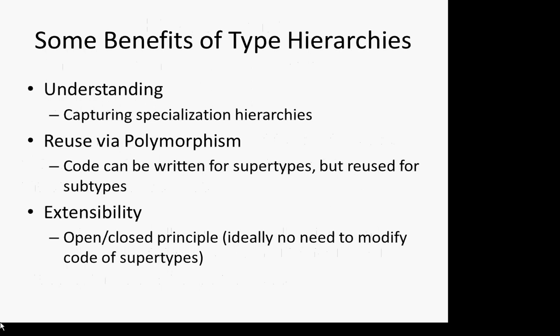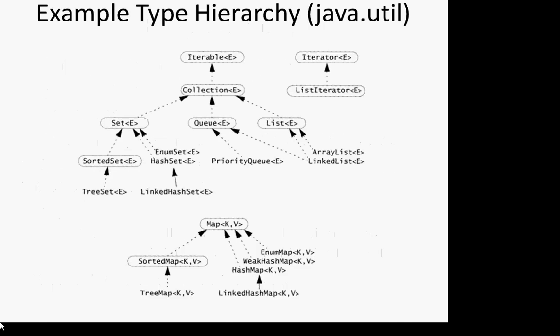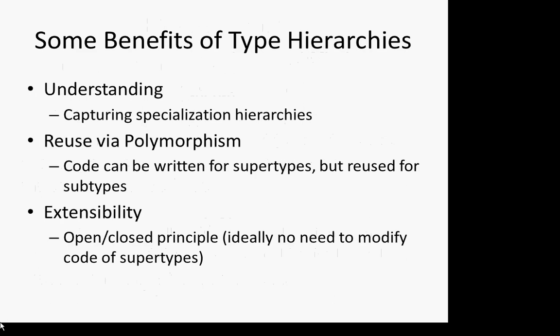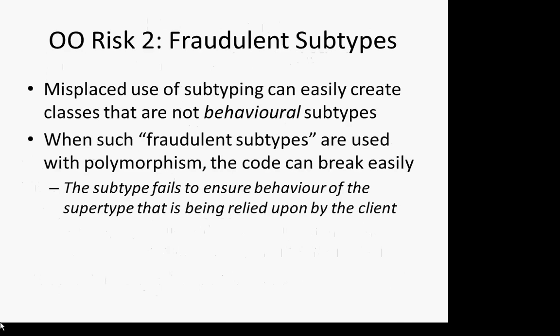We can use code written with respect to collections with our subtypes of collections, which were not a speck in the cosmic eye at the time that they shipped Java SE 1.6, right? And it gives us a certain amount of extensibility through applications of what's called the open-closed principle.